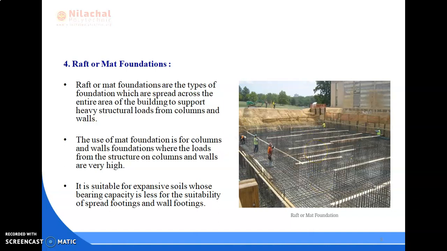Wherever we see that the load from the superstructure is very high, in that case we prefer this type of foundation, like raft or mat foundation. It is suitable for expansive soils whose bearing capacity is less, where spread footings and wall footings are not suitable.